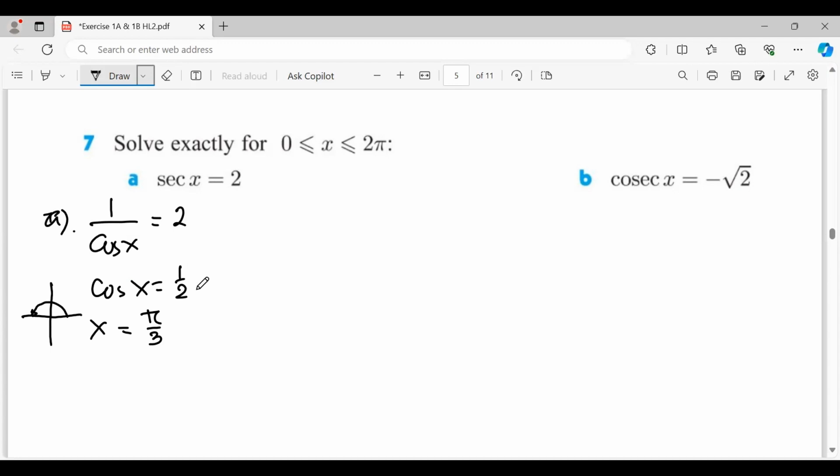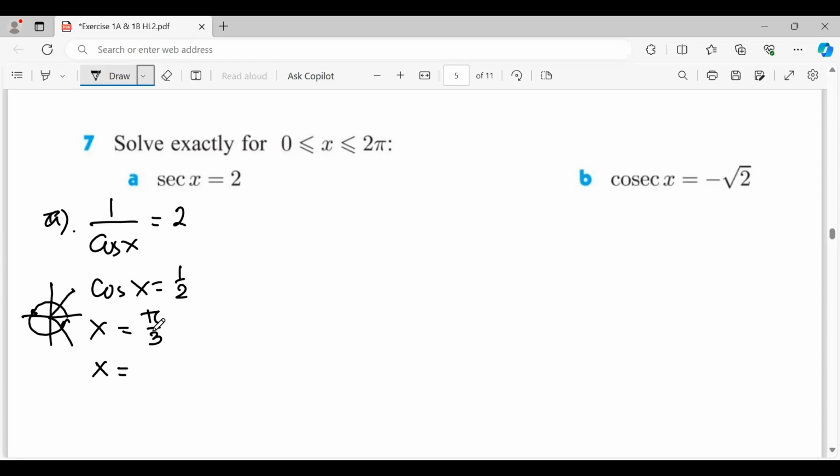So cosine x equals half, and then for x up to 2π, from 0 to here, it's happening here and here, quadrant 1 and 4.